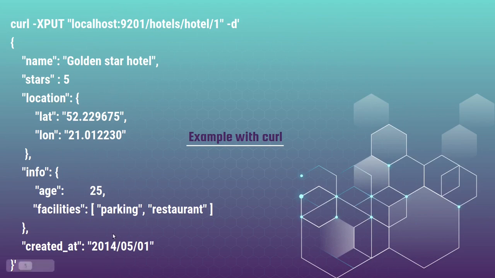And then we put the JSON body, and in this case it is the whole document that we saw on the previous slide. And that's all. In this case, on getting such a request, Elasticsearch will automatically create the hotels index, then the hotel type, and then add the document with ID 1.